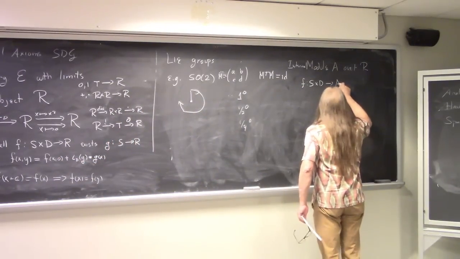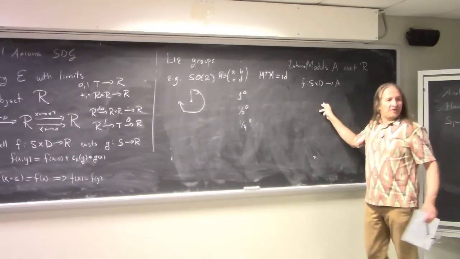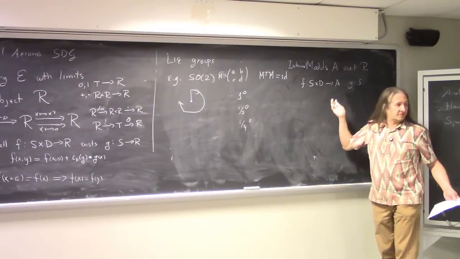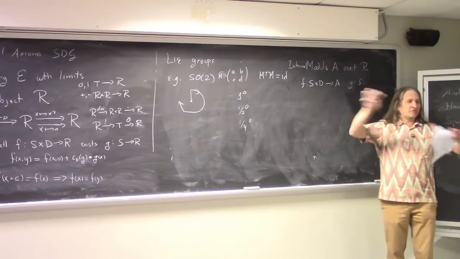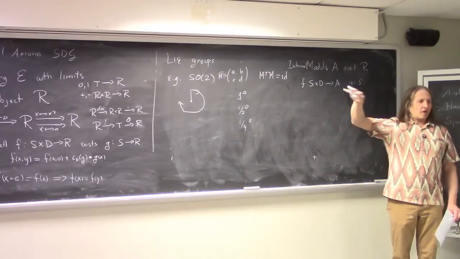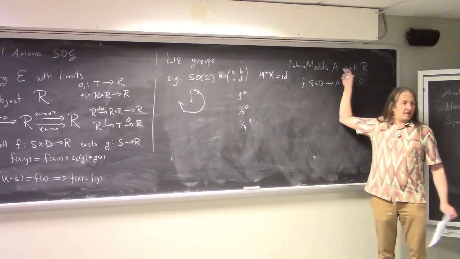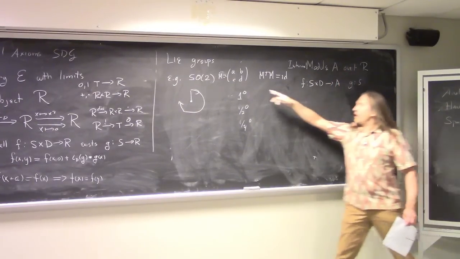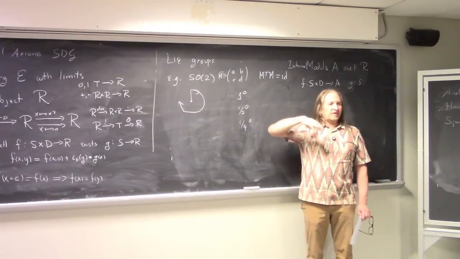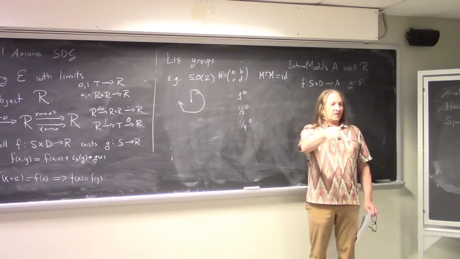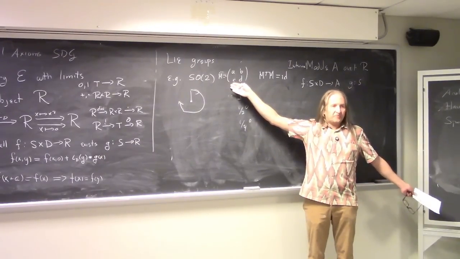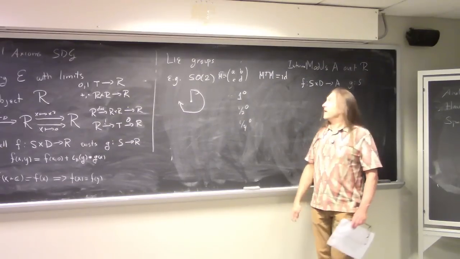And then I want them to have the same property that I have this other function which I can think of as a derivative of that. So intuitively I want to be able to take derivatives of functions that are valued in this thing. Just like here, if I was taking a one-parameter family of rotations, that would mean I'd have a function from a real interval into this vector space of 2x2 matrices. So I want that to happen.